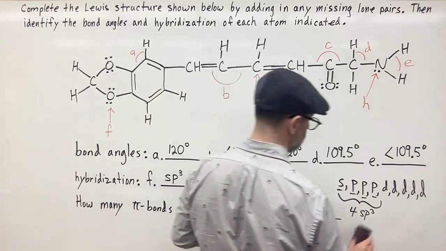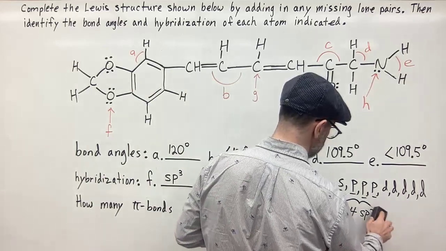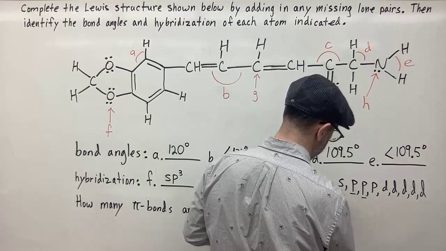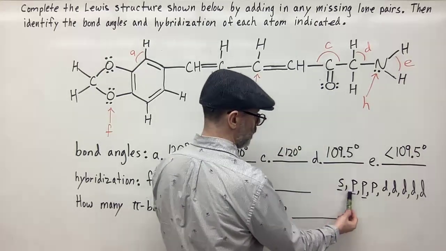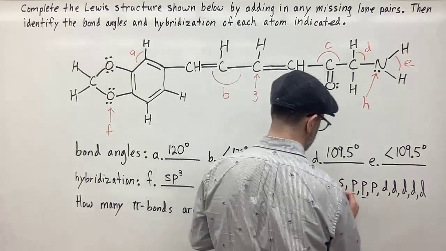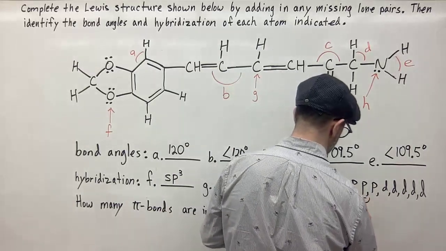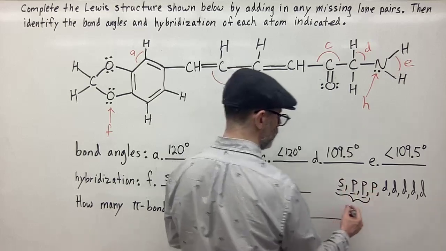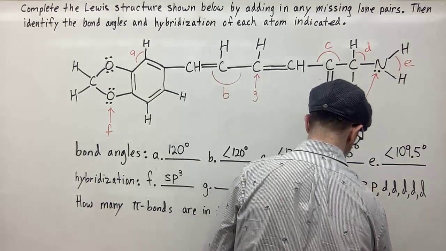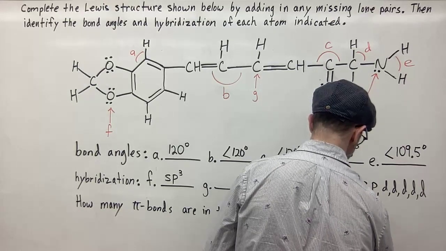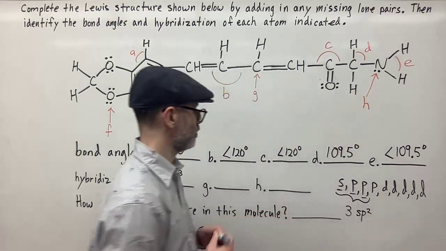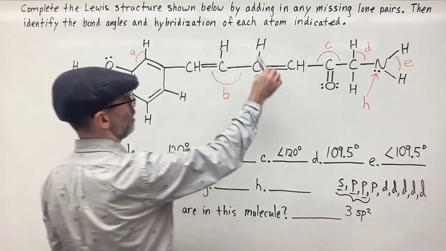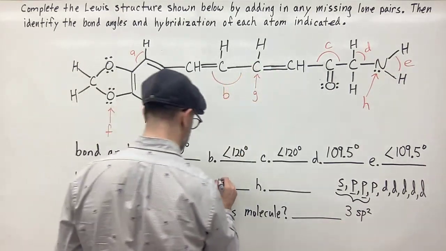In this case, I'm only going to mix together the s, the p, and the p. Notice I have 1, 2, 3 atomic orbitals, so I'm going to get 3 equal energy sp2 hybridized orbitals. Okay, so then this carbon here is sp2 hybridized.